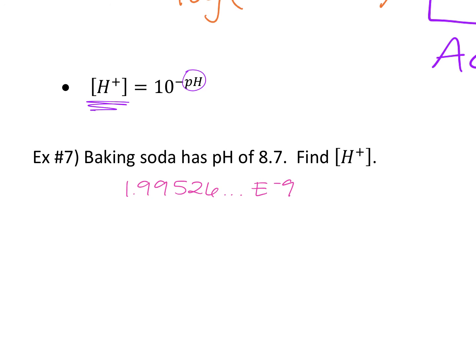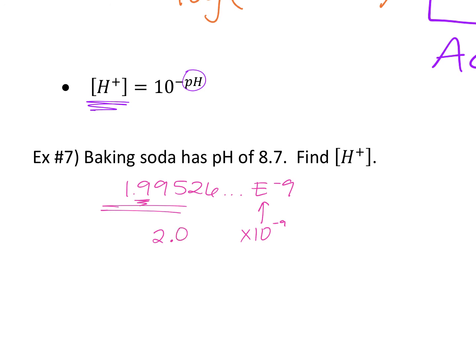When you get this, what they're saying is this is basically times 10 to the negative 9th power. E negative 9, that's times 10 to the negative 9th power. We want to round this to the nearest tenth. So this would be 2 point what? Zero, okay? And the zero matters.